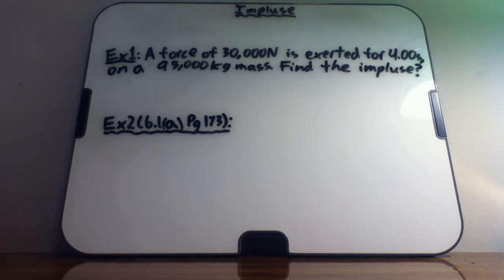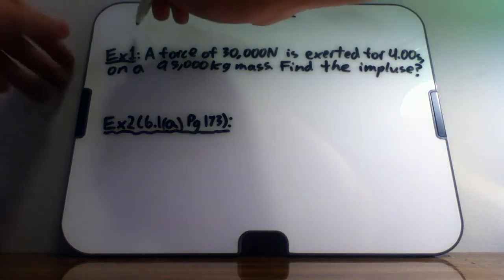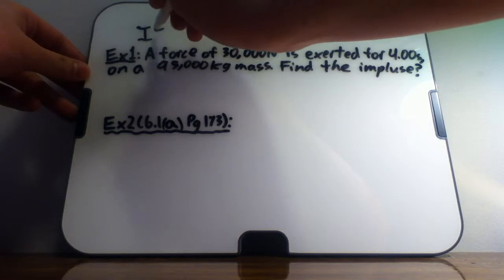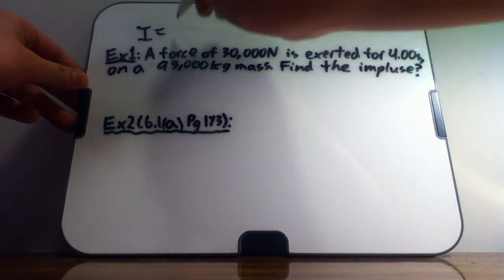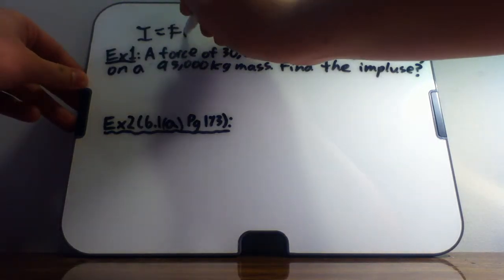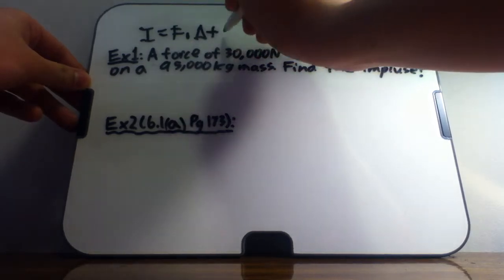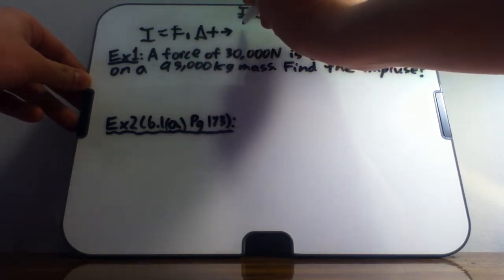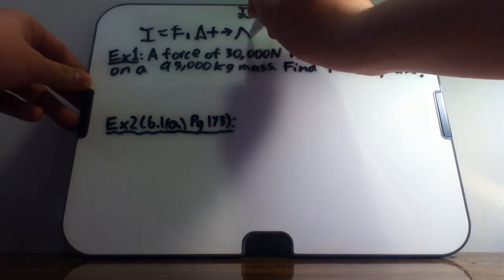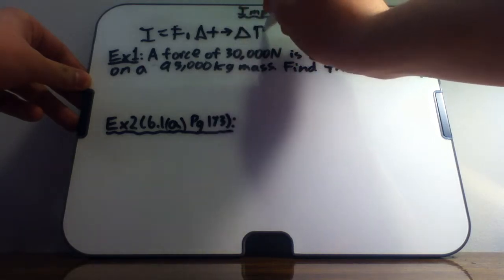The two equations we are going to need to find the impulse are impulse equals force times change in time, which is also the same as delta P, or change in momentum.